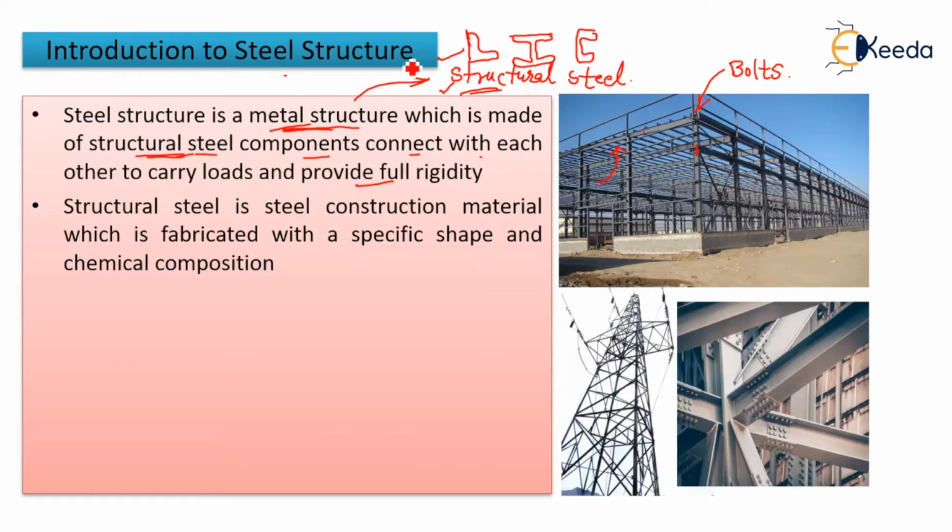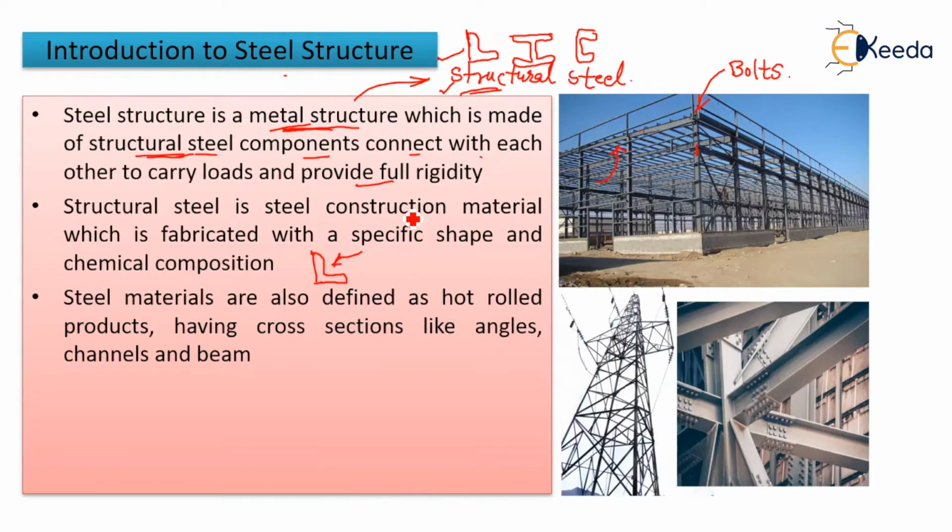If you want to get the properties of these sections, we have one book. I will tell you later which book you have to refer to get the standard cross sections, standard areas, and properties of these cross sections, everything. So there is a book available. That book is known as steel table.